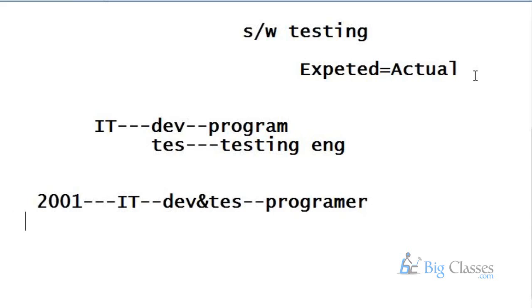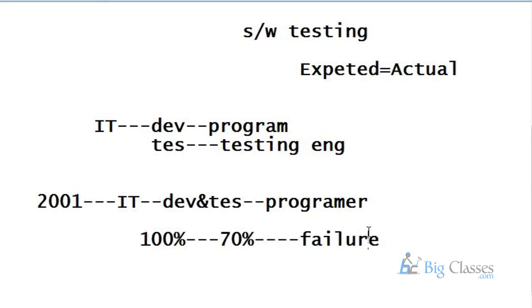But you know one thing, before 2001 in IT companies, every year out of 100% of the projects, 70% of the projects failed. They didn't know why they failed.